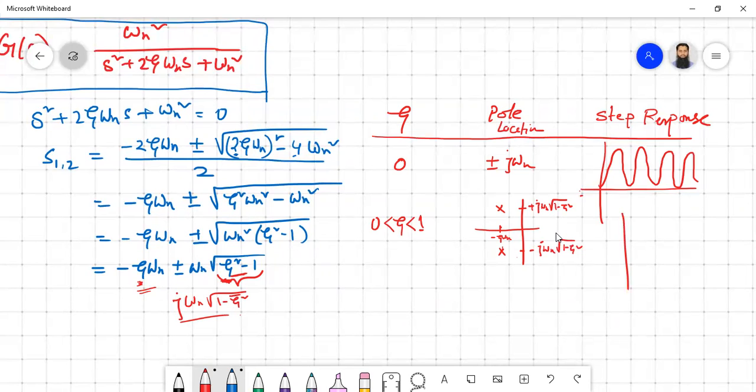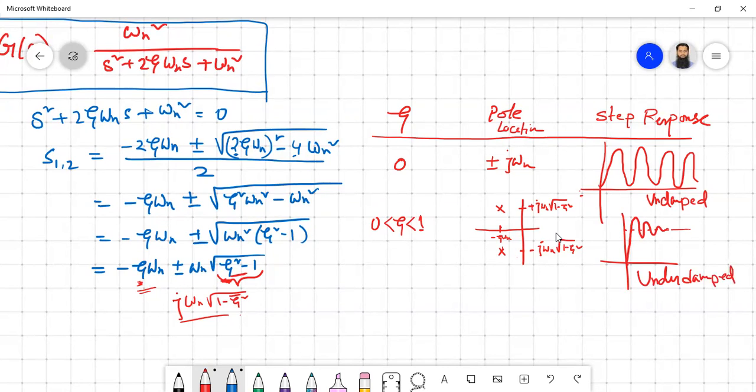So what kind of response are we expecting? We're expecting a damped oscillation. So that is why this is called, so the previous one is undamped. Now we are going to go through a damping to the final value.